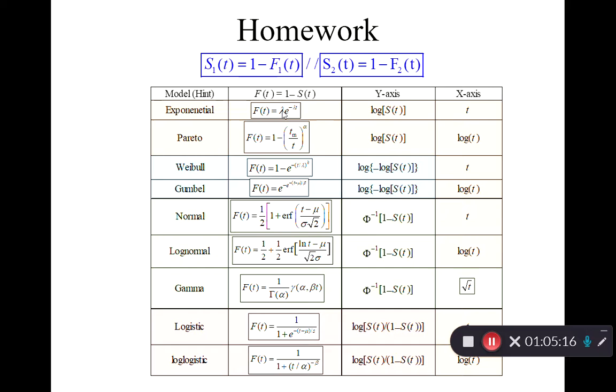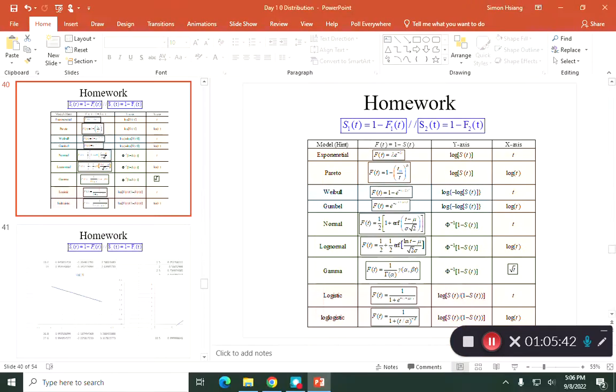Lambda equal to 1, equal to 2, any lambda, a parameter. And then can you plot this one? Victoria, can you?